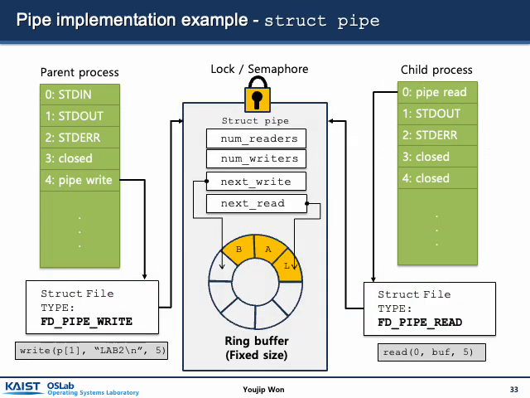Here is an example of using the fd type to detect the pipe file. In the figure, the parent process has file descriptor 4 pointing to the write end of the pipe, so you can set the type of file descriptor 4 to fd pipe write. The child process has file descriptor 0 pointing to the read end of the pipe, so you can set the file descriptor 0 type to fd pipe read.